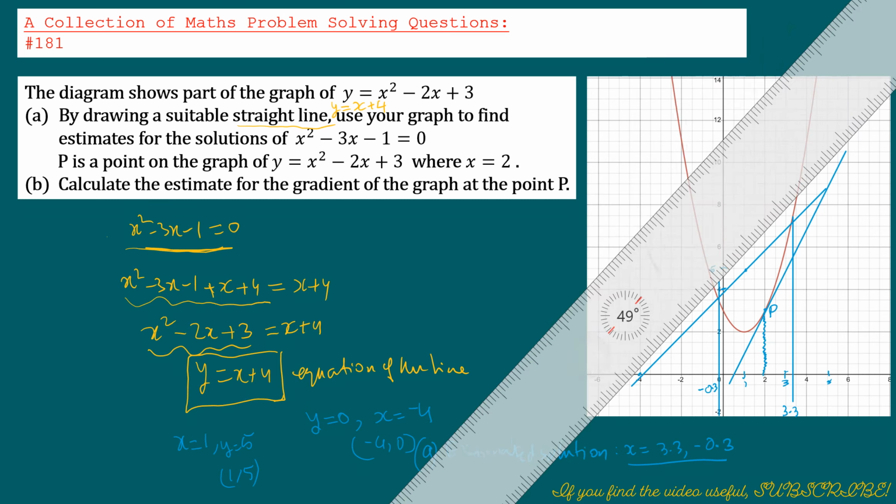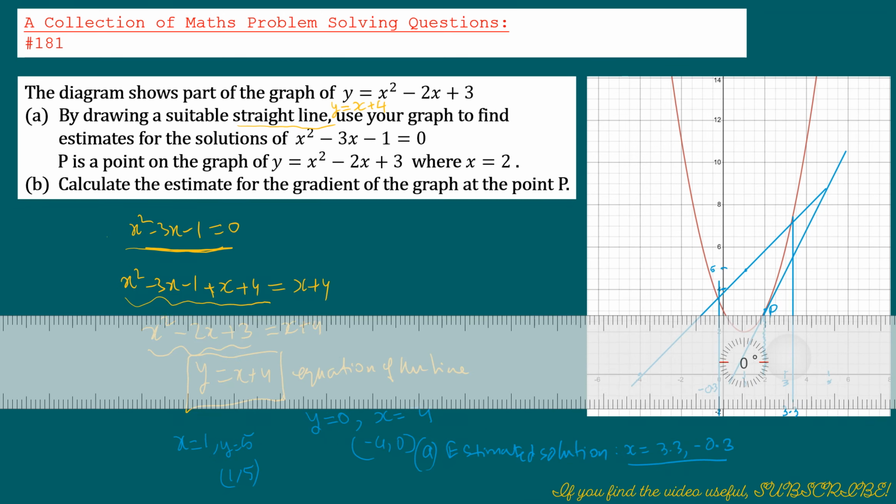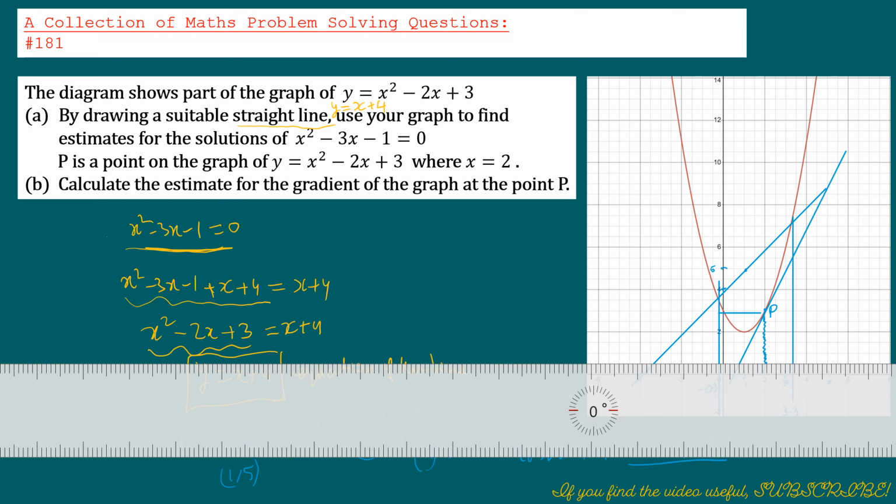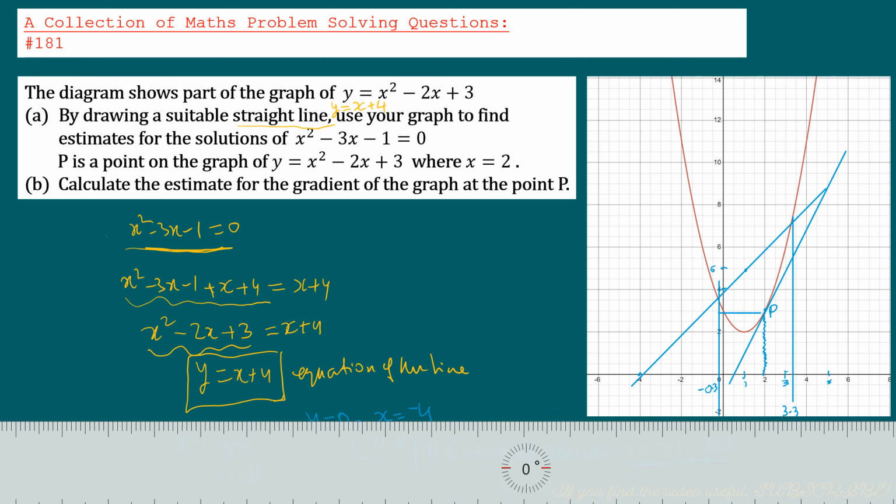Now where does it cut the y-axis? It cuts the y-axis at 3.